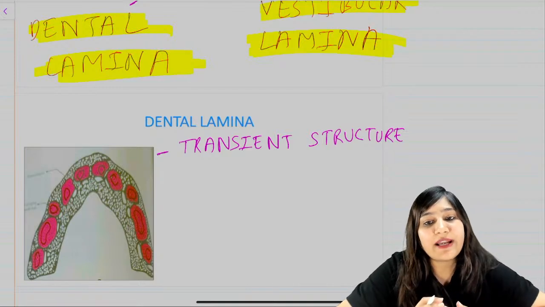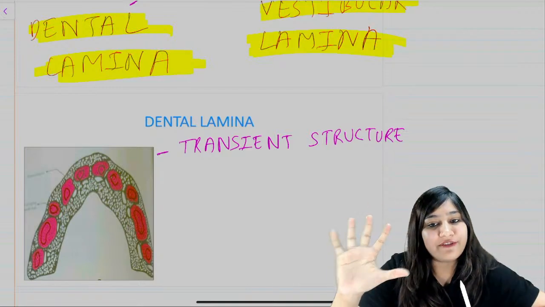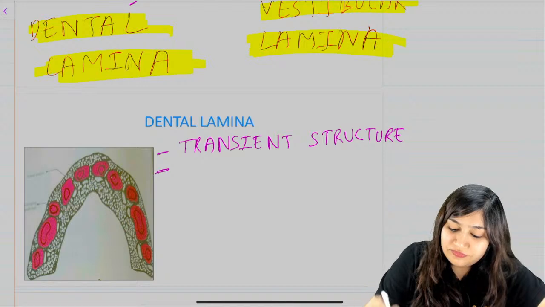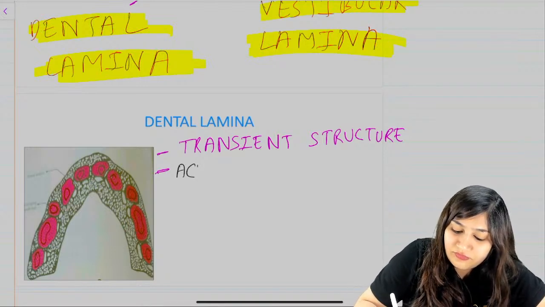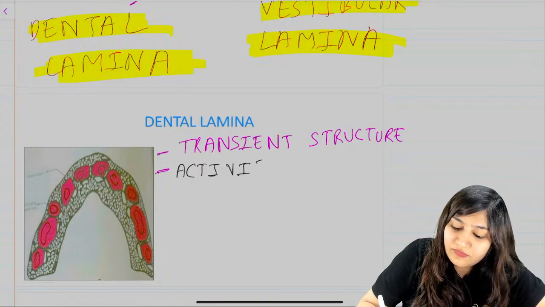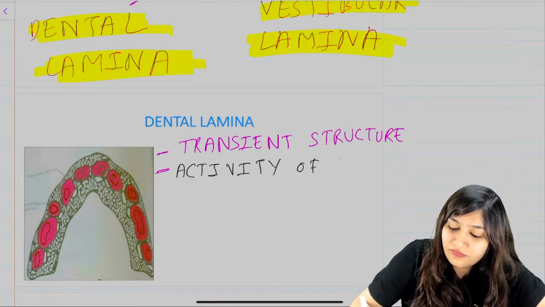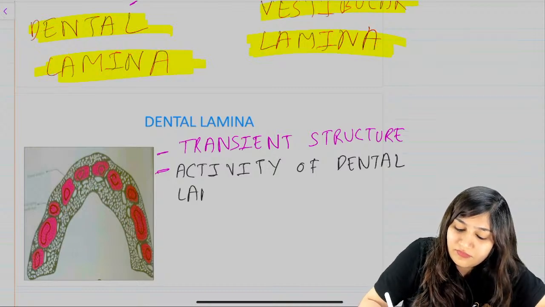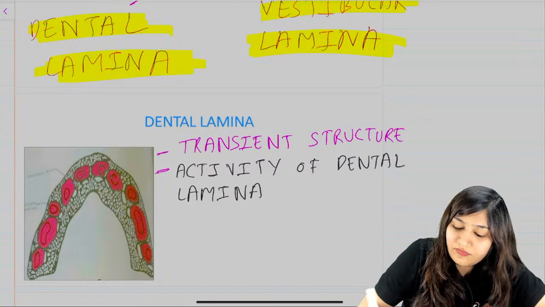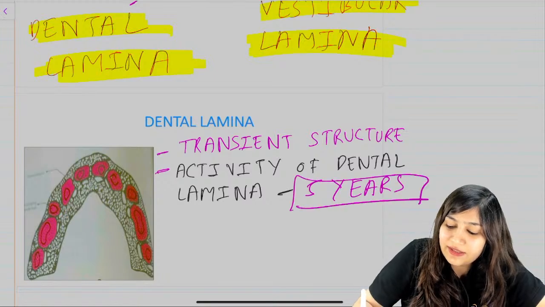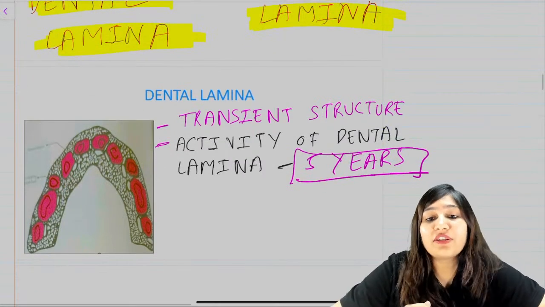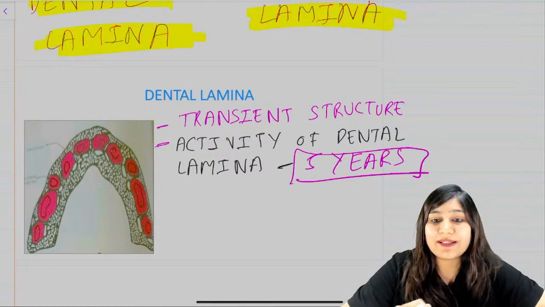Basically, activity of dental lamina is mainly for 5 years, after which dental lamina will disintegrate because of the invasion by the underlying ectomesenchyme.